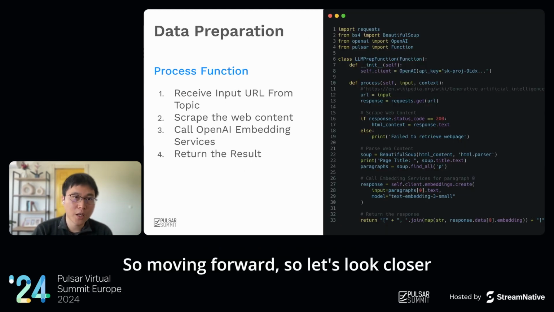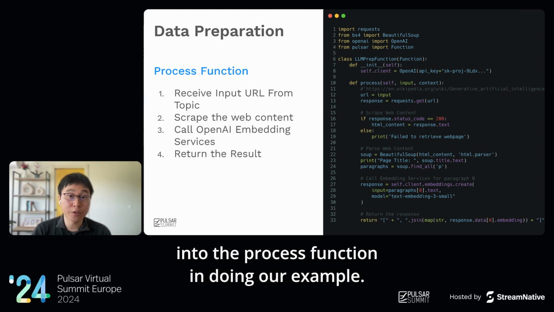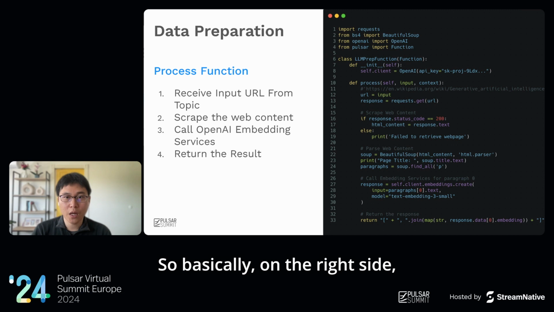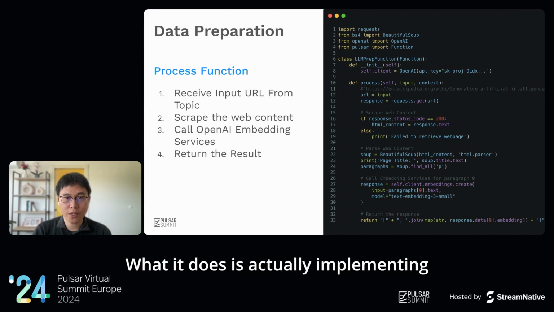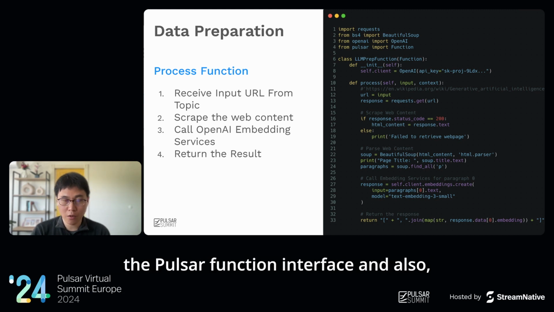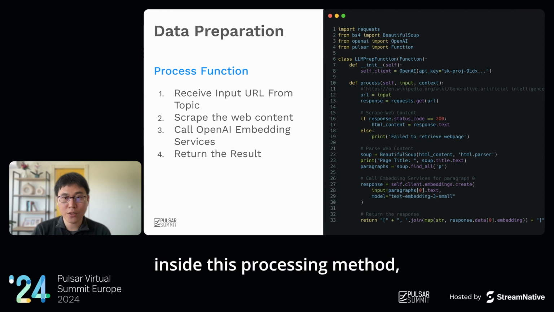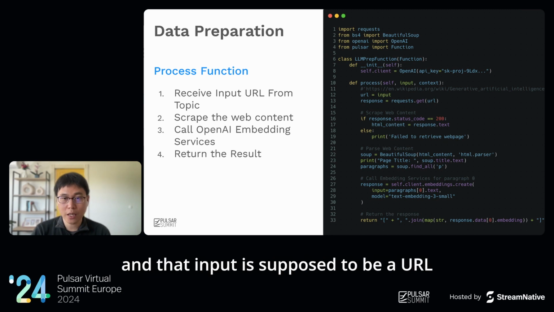Moving forward, let's look closer into the process function in our example. On the right side is a Python Pulsar function example. It implements the Pulsar function interface, and inside this process method you receive an input from a topic, which is supposed to be a URL.